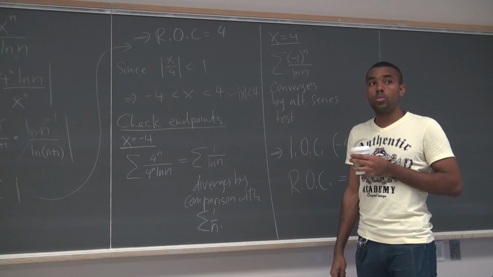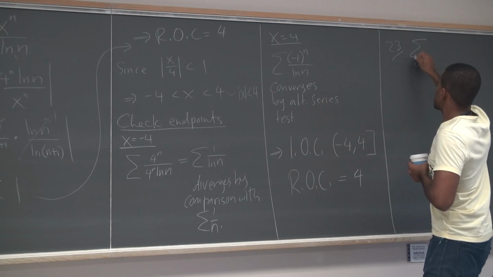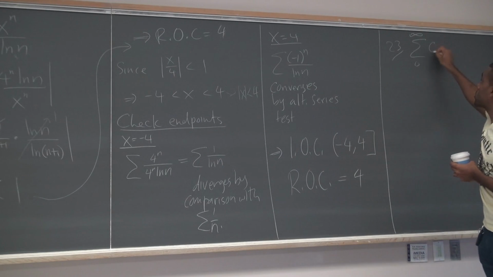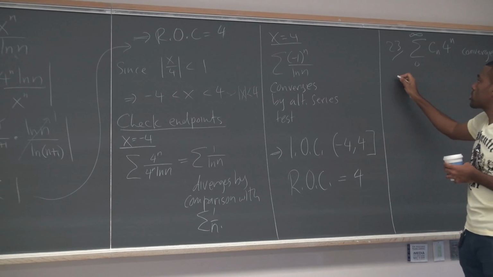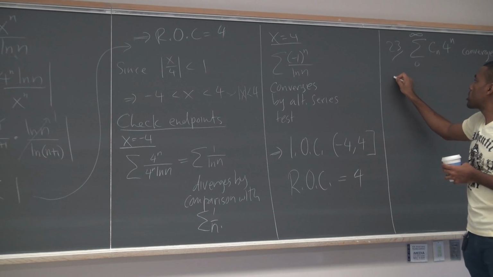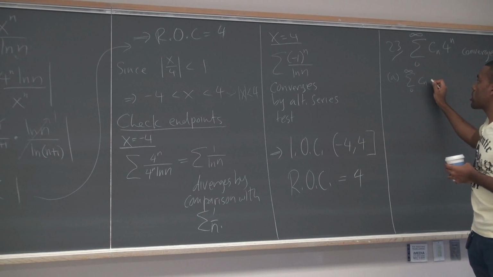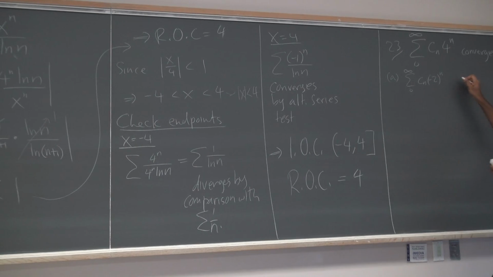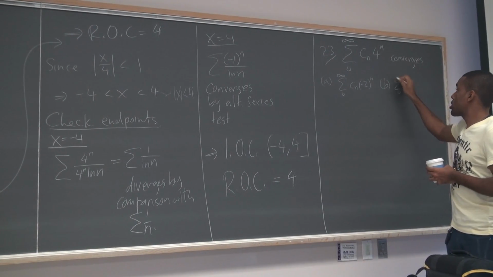22 said the sum from 0 to infinity of c sub n times 4 to the n converges. Do A and B converge? Part A was the sum from 0 to infinity of c sub n times (-2) to the n, and part B was the sum from 0 to infinity of c sub n times (-4) to the n.